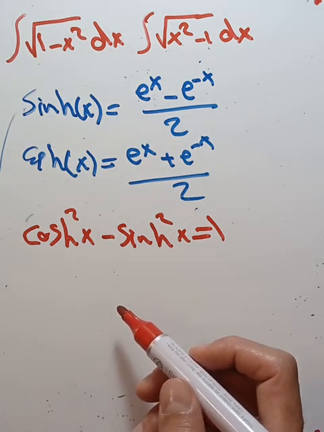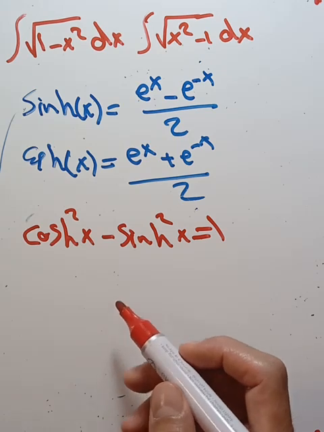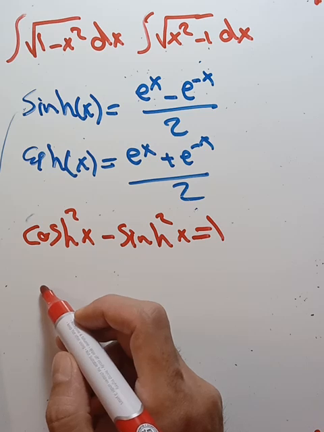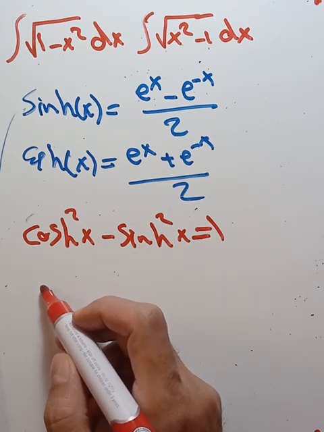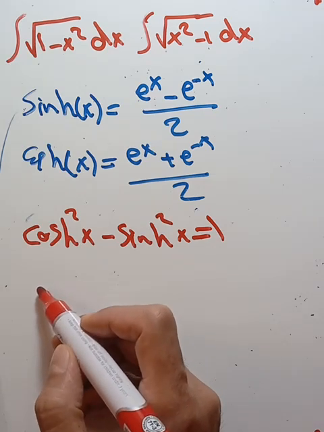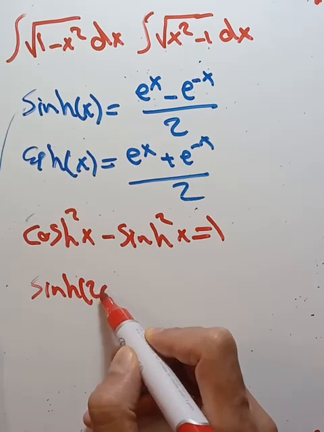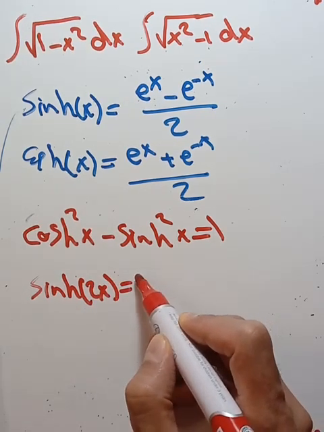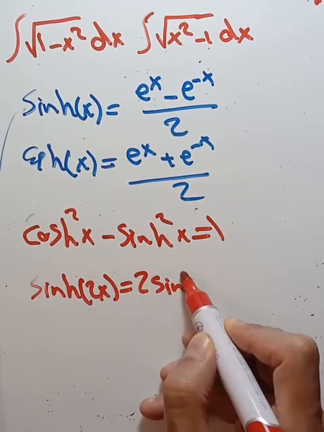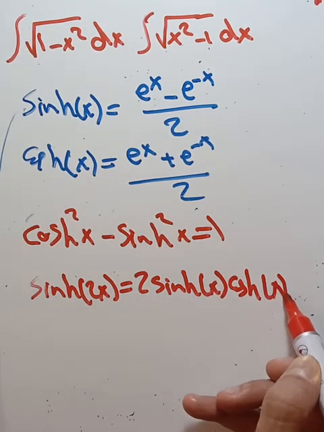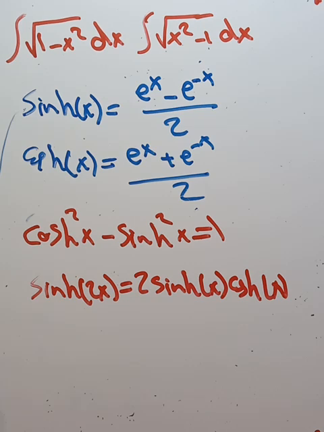And here are more identities. For instance, sine hyperbolic of 2x equals 2 sine hyperbolic of x times cosine hyperbolic of x, just like the original sine and cosines.